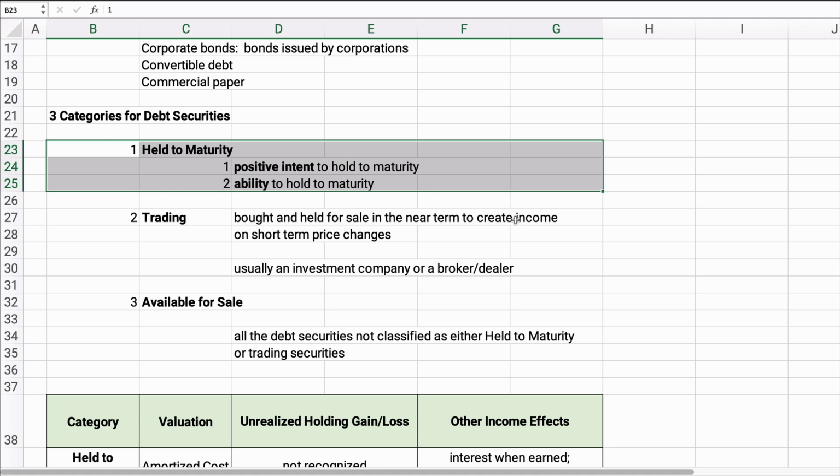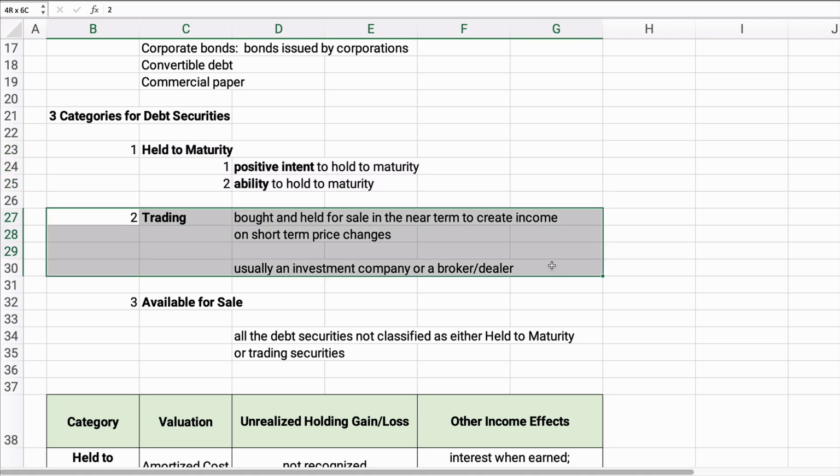If it's trading, now you don't really see this one. This one is not as common. Trading is if it's bought and held, and you're making buy and sell decisions based on short-term price changes, like interest rates go up, or bonds in Japan are cheaper, so you buy in Japan and you sell in the United States, or you're trying to look at short-term price changes.